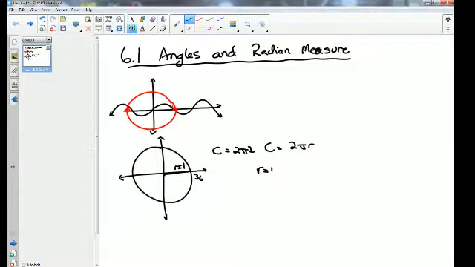That 360 degree circle with a radius of 1 has a circumference of 2 pi units. 2 pi is the number of radians in a circle. So we've taken a degree measurement and now we're relating it to a linear measurement of distance. There are 2 pi radians in one revolution.